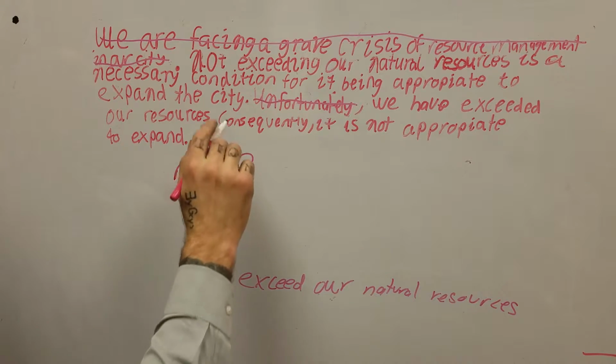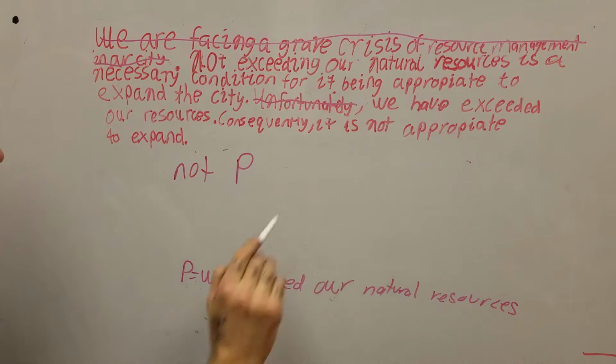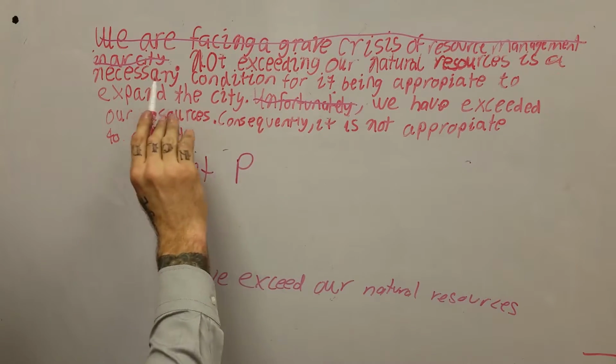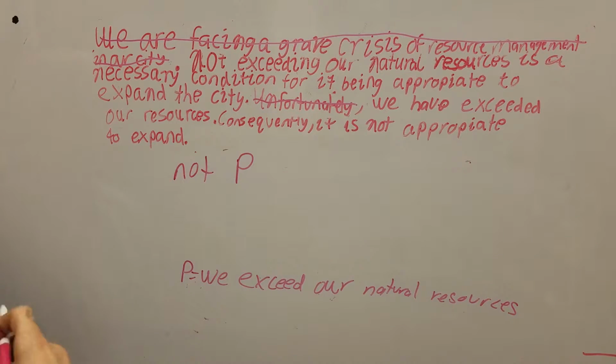Okay, so we're going to symbolize we exceed our natural resources by P. So not P is a necessary condition. Is a necessary condition is a connective, it's a conditional.